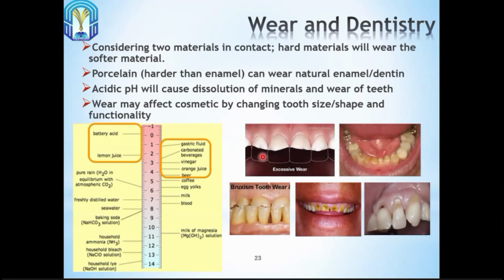So if you see a lot of wear here of natural teeth, this is chemical wear or erosion due to acid attack. This is mechanical wear or abrasion due to aggressive brushing. And this is bruxism tooth wear. Bruxism means the patient grinds their teeth forcefully, maybe at night or maybe when they are younger. So this is called bruxism.